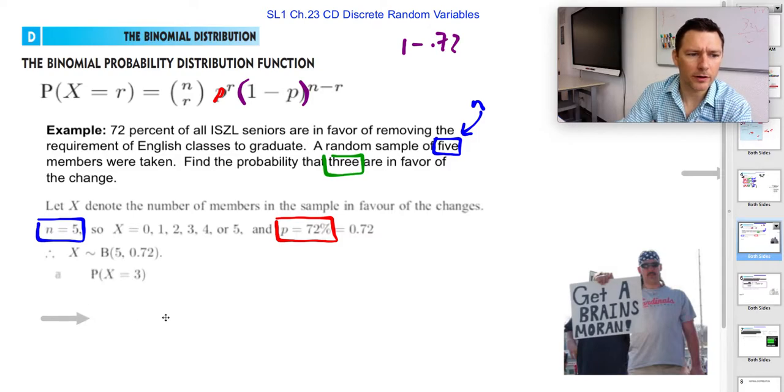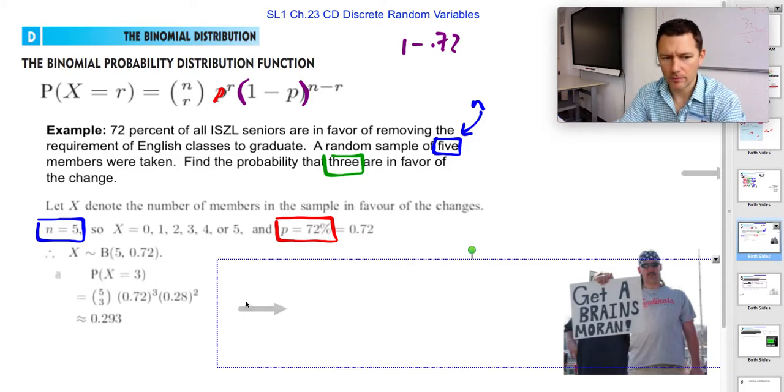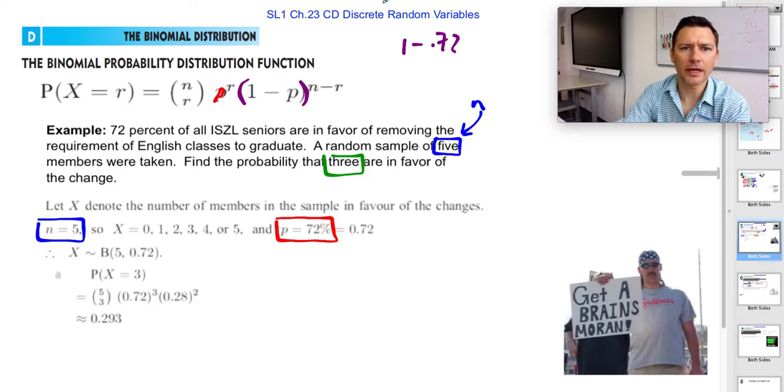So that's where this 0.28 comes from. That's this. This is the probability that it will happen, and this is the r value that we're looking for. That's this. And this is the probability that it won't happen, right?